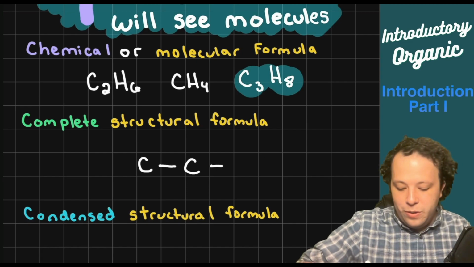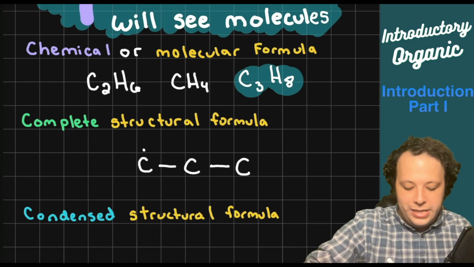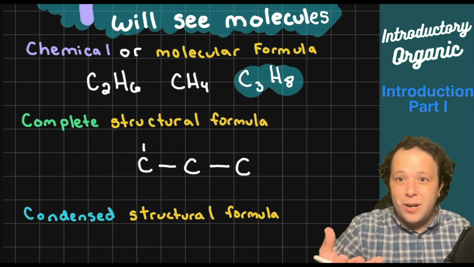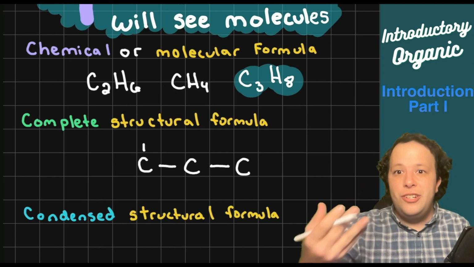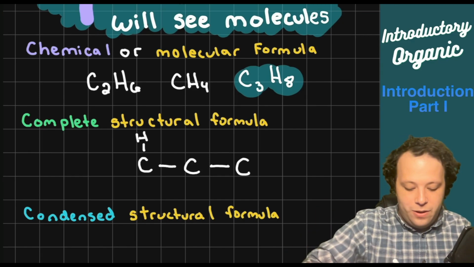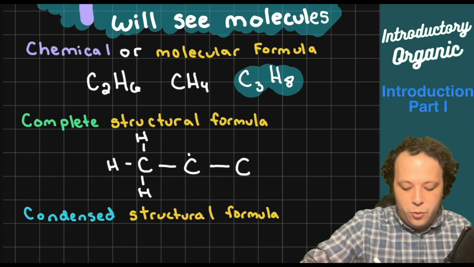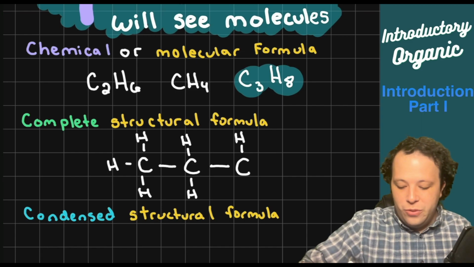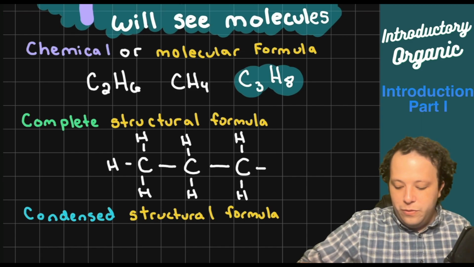We would show our carbons all bonding together, being that this is the chemistry of carbon. We're going to constantly be showing chains of carbon connecting together. We'll then have our hydrogens fill in the rest. Remember, we have a total of 4 bonds on every single carbon, and we can show that as well. So we will fill all those in.